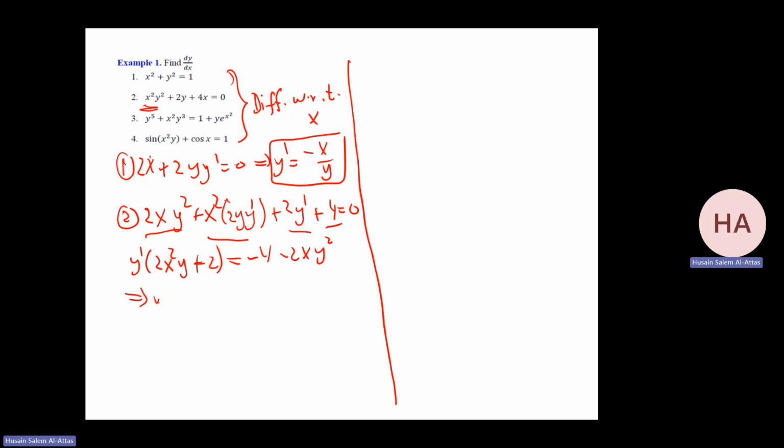So y prime will be minus 4 minus 2xy squared over 2x squared y plus 2. You notice that I can take two as a common factor from the numerator and the denominator. So I divide by 2, numerator and denominator. So I have minus 2 minus xy squared over x squared y plus 1.